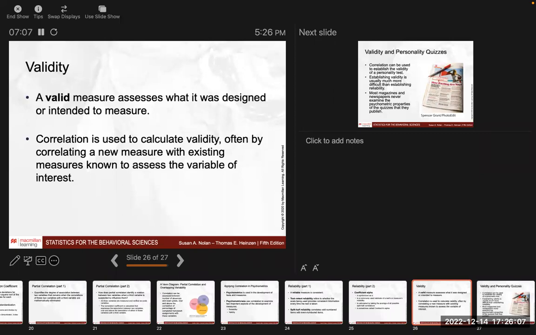So if they're sicker, they will give self-reported lower quality of life or a lower perception of their own health. So that's basically how you can establish this correlation and validity of your test.